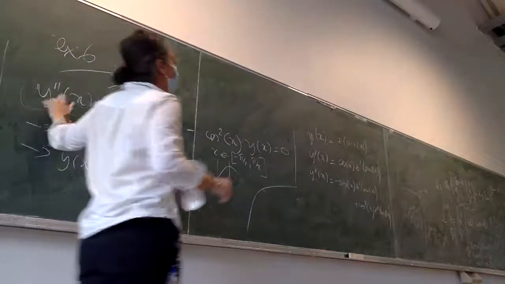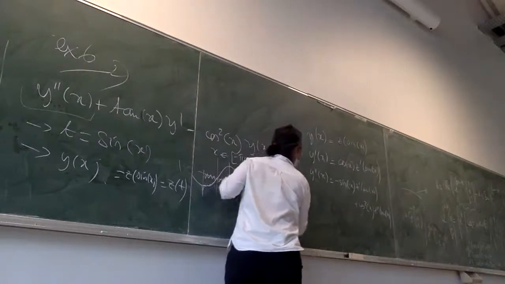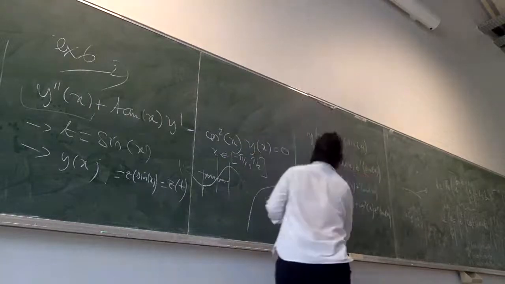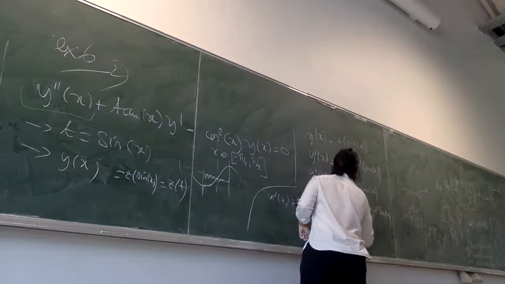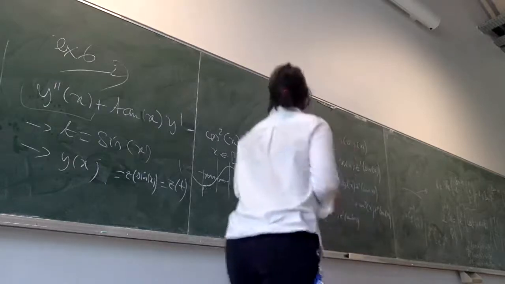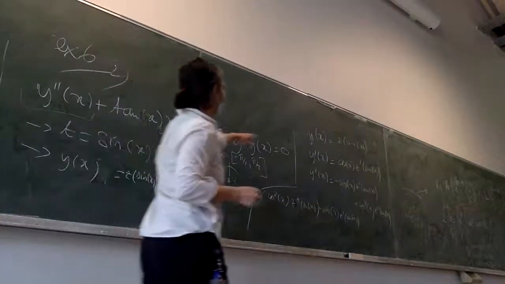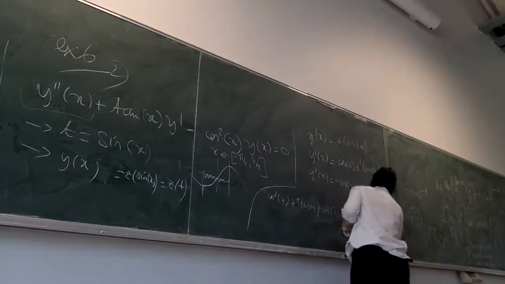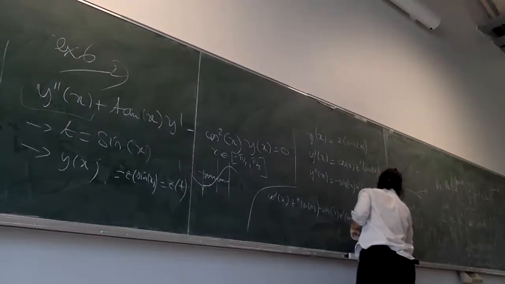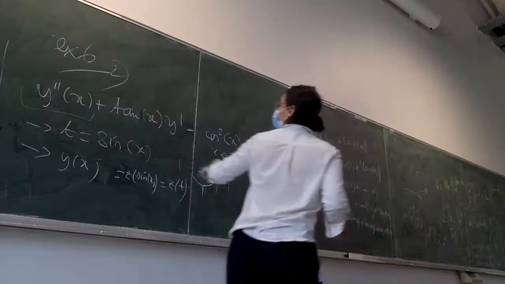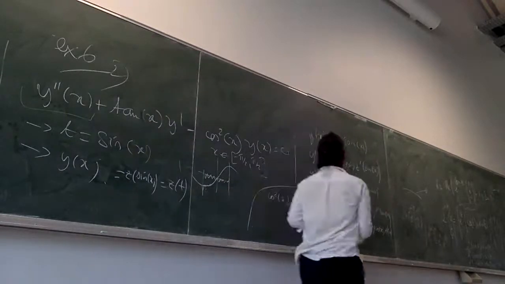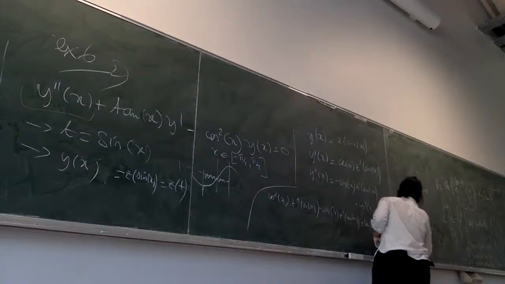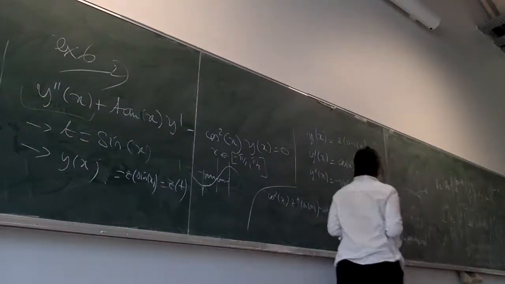So y second is going to be cos square z second of sine x minus sine of x z prime of sine x, and then we've got plus tangent y prime plus tangent cosine of x z prime of x minus cosine square of x times z of sine of x. And that should be equal to 0.